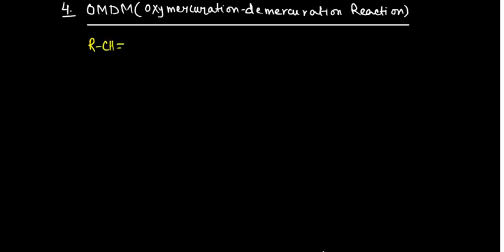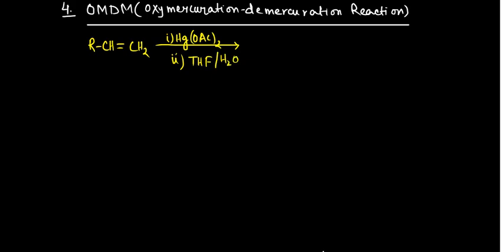The first step of the reaction is addition of mercuric acetate. Acetate is written as OAc, so don't get frightened when you see some OAc in the question paper. Mercuric acetate, tetrahydrofuran and water.